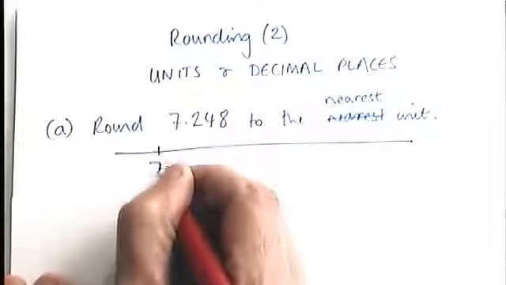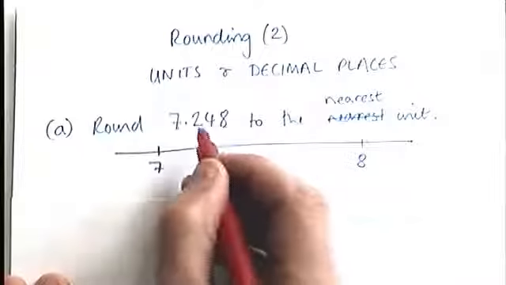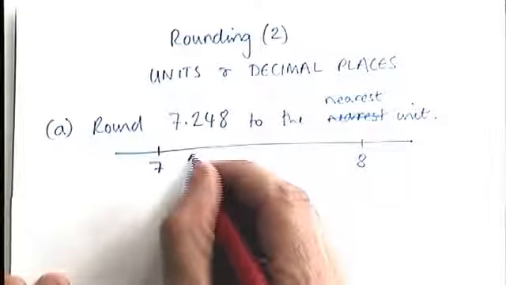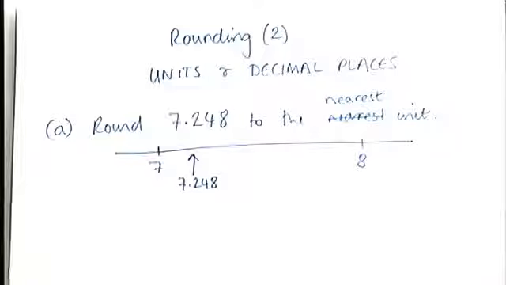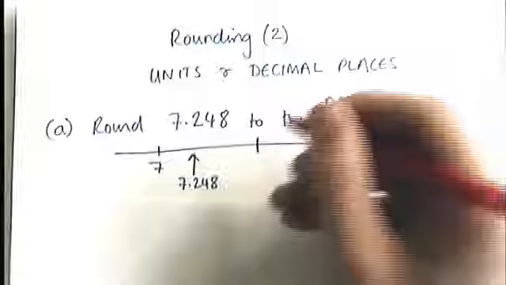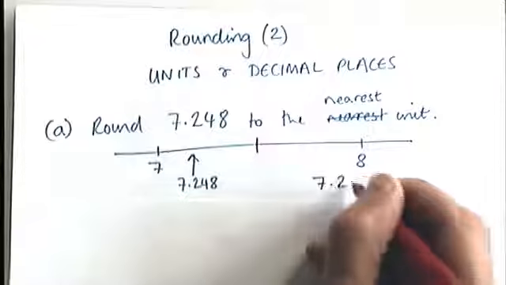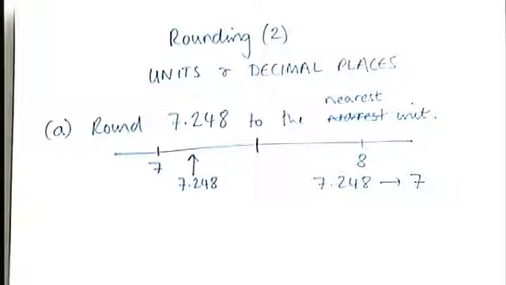I know this number is between 7 and 8, and 7.2 is around about here. 7.248 goes in there. And hopefully you can see that it is a lot closer, there's a halfway point, to 7 than it is to 8. So I would say if I'm rounding 7.248 to the nearest unit, it would round to make 7.